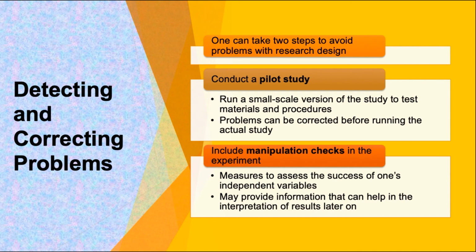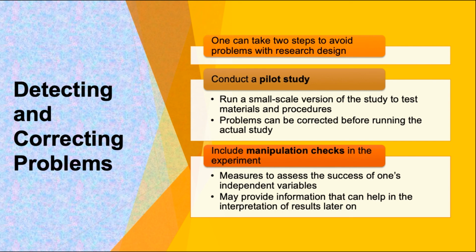intended. For example, if you were investigating the impact of a person's attractiveness on how his or her work is evaluated, you might have participants evaluate an essay attributed to either an attractive or an unattractive author.